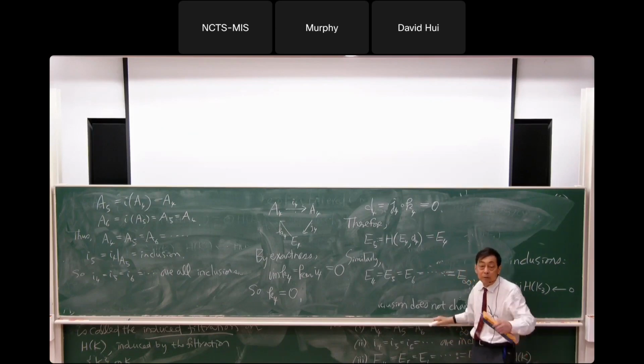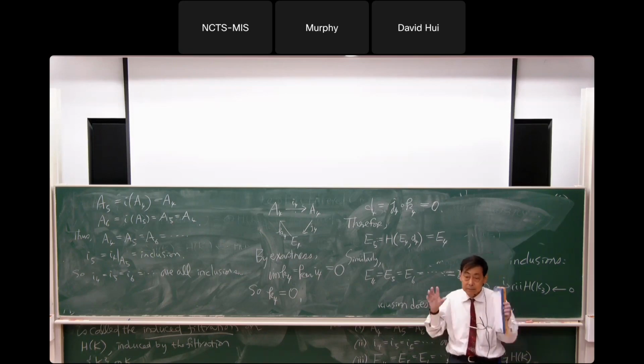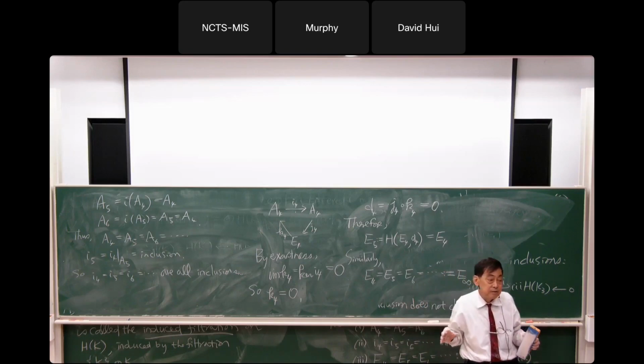So once you turn the book 4 times, then you get the answer E infinity. Okay? Let's take a break now, and then after the break, I will show that E infinity is the associated graded complex of the cohomology HD of K.